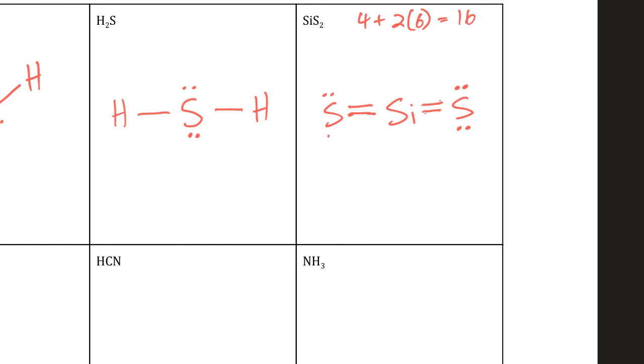So each of these sulfurs has 1, 2, 3, 4, 5, 6, 7, 8. So everything follows the octet rule. And if you count it all up, you should have 16 electrons in total shared. So 1, 2, 3, 4, 5, 6, 7, 8, 9, 10, 11, 12, 13, 14, 15, 16. Perfect.